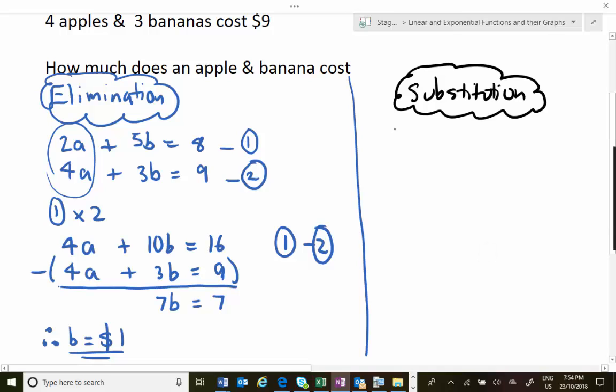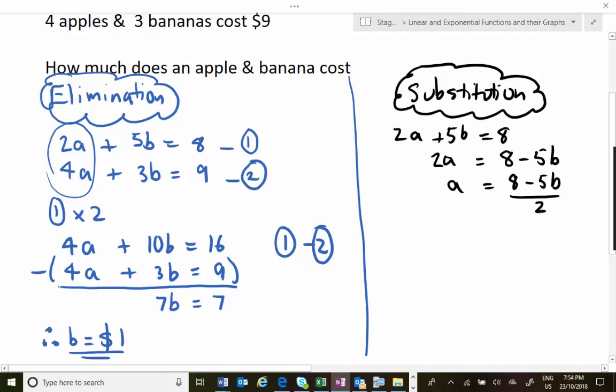If I rearrange equation number 1, 2a plus 5b equals 8, then 2a is equal to 8 take 5b, therefore a is equal to 8 take 5b all over 2. So I've rearranged that to find out what a is in terms of the b value.